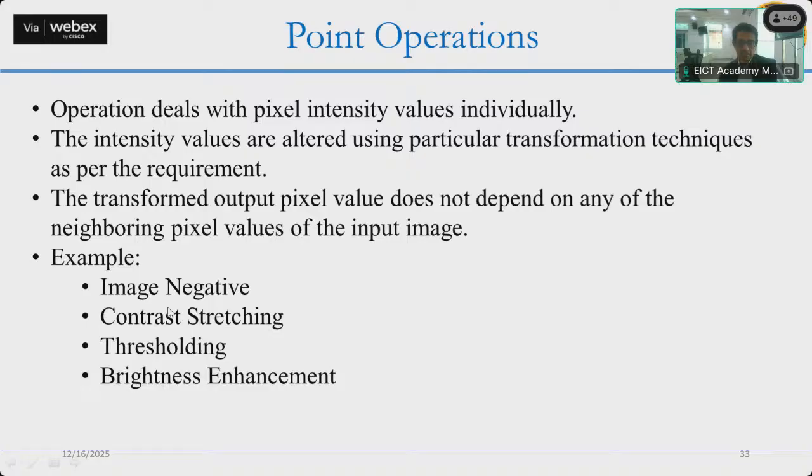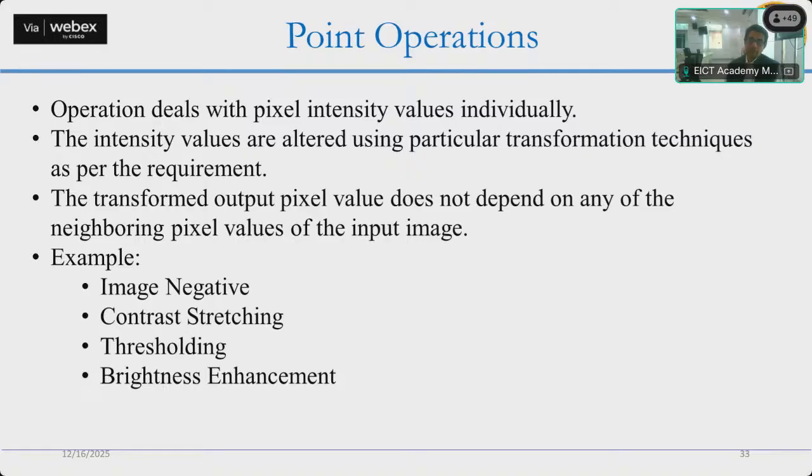Examples include the image negative. What happened in the image negative? Yesterday we saw different types of examples, where we consider L minus r. Another example is contrast stretching. What do we mean by contrast stretching? It means that when some particular region is there and some contrast is there, we can enhance the effect of the contrast.